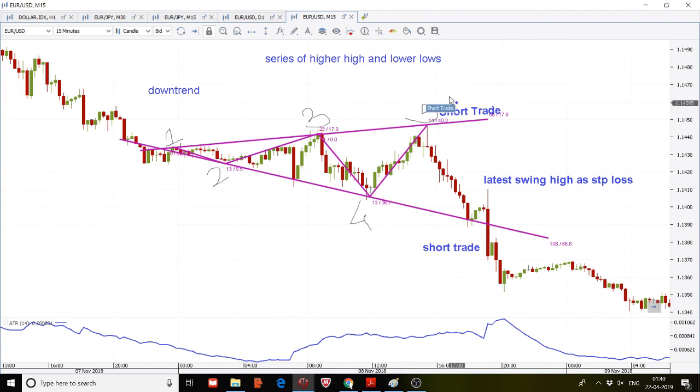So friends, just use this pattern for entry points for the trade. For the short trade, you can use this as one of your entry points, or if you miss it, then you can look for a breakdown structure, and as soon as you see a breakdown, you can open a short trade here as well.